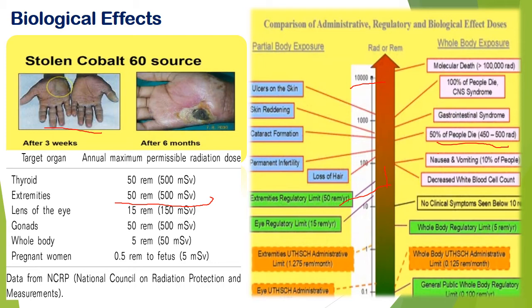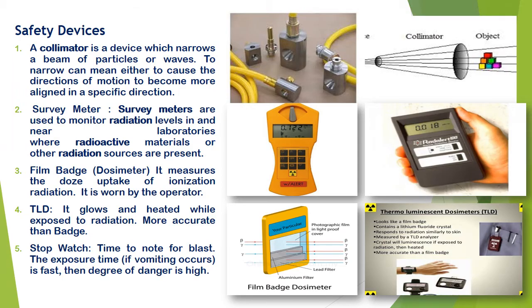So what safety devices can be used for this? To remove this effect we use many safety devices in radiation. First of all, the collimator. The collimator is the device which is used to prevent the scatter of the radiation, and this is the collimator.